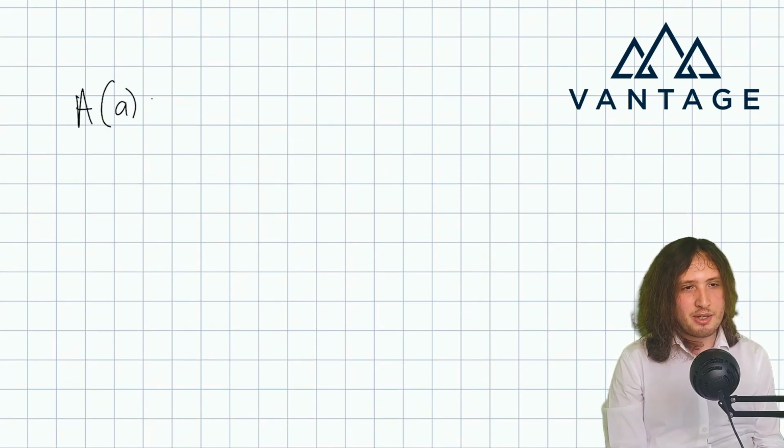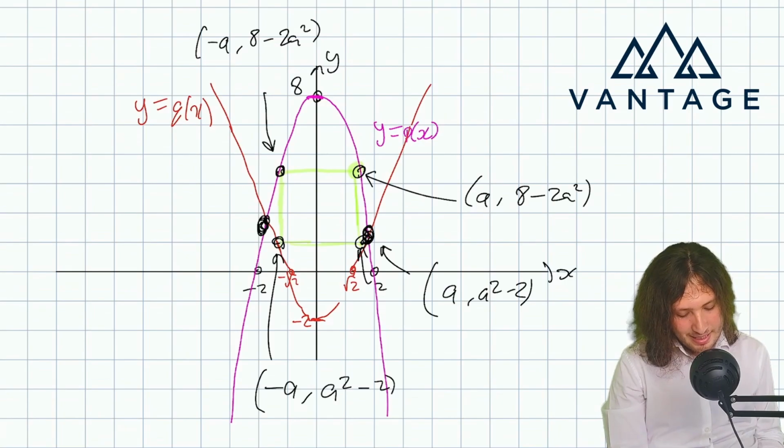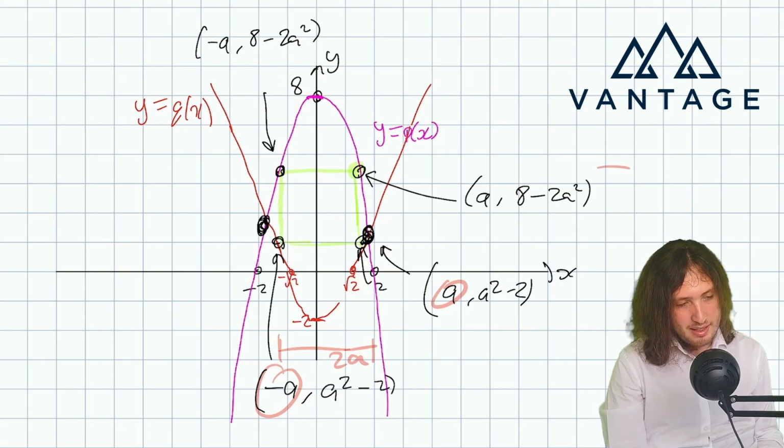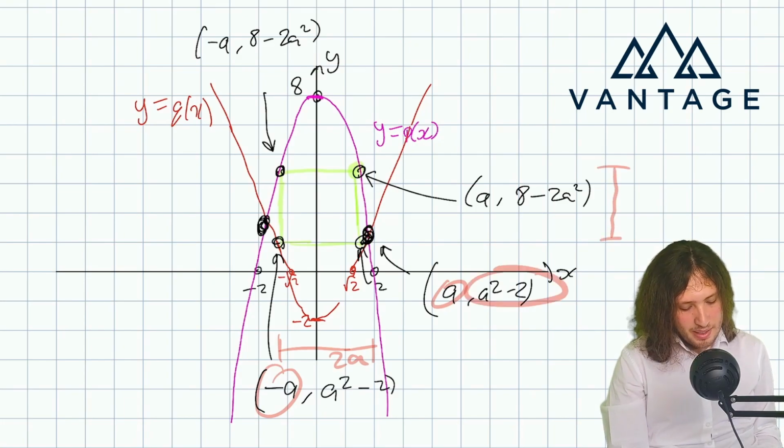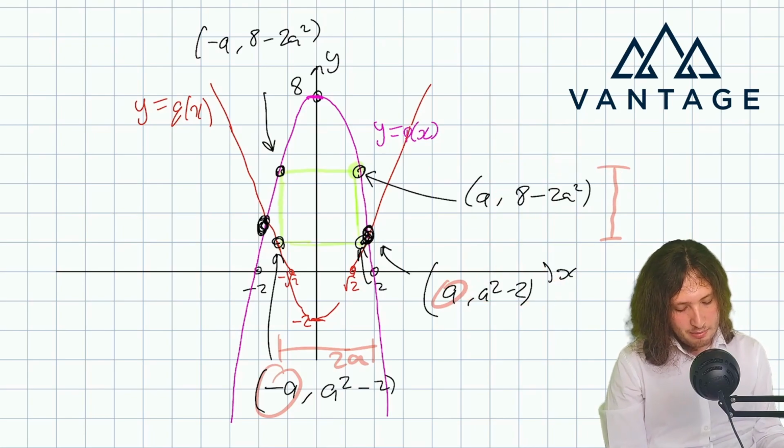So that means I can write down my area as a function of A, because clearly, let's see, each dimension, in terms of my width, I've gone from minus A to A, so my width is 2A, and in terms of my height, I've gone from a squared minus 2 up to 8 minus 2a squared.